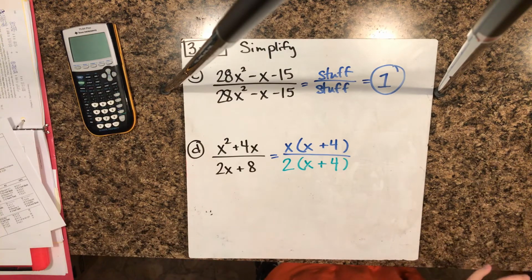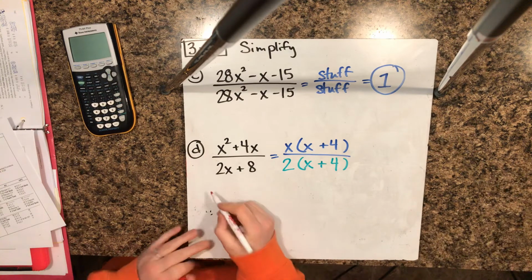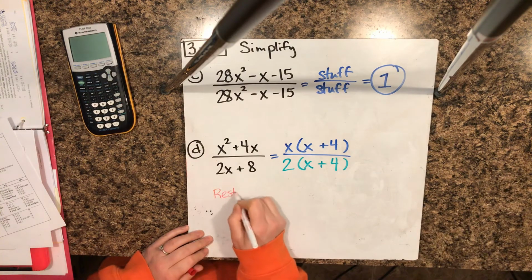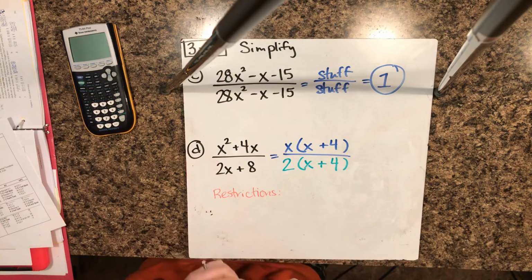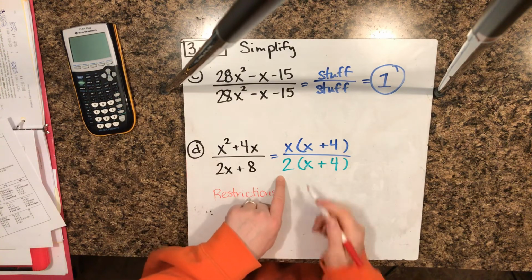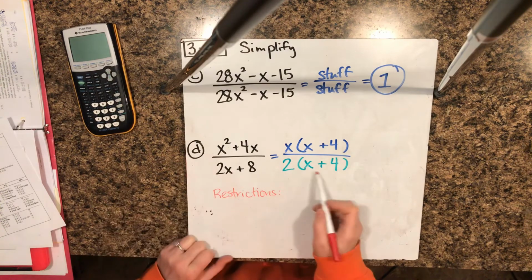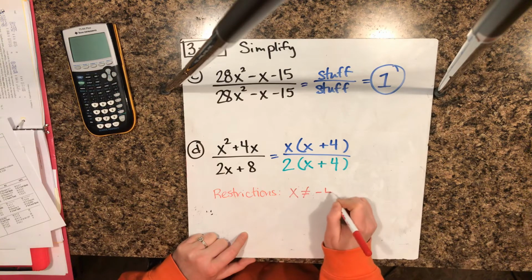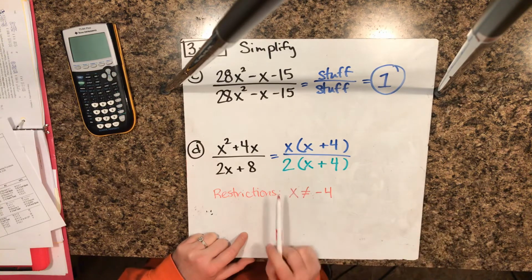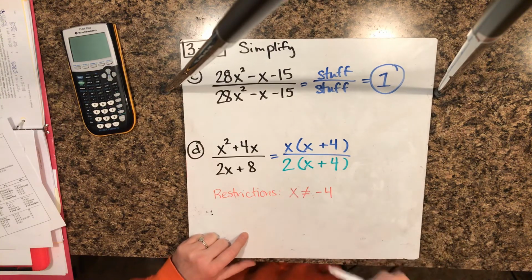Okay, again, before I do any canceling with giant ones, I need to check for restrictions. Okay, there's no way for 2 to equal 0. No way in the world. 2 cannot equal 0, so I don't even have to worry about that. But the only thing here that x cannot equal is negative 4. I don't have to worry about the top. The numerator is allowed to be 0.